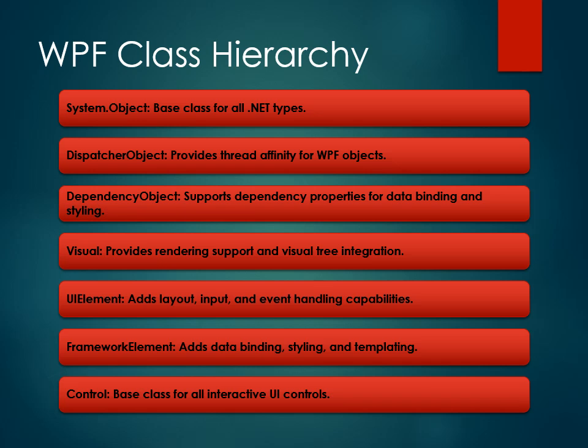The parent is Window, I have a Border, and next a StackPanel. Inside the StackPanel I have two buttons. The button will have a ContentPresenter, TextBlock, background, everything, and many more properties. So the inner elements are also available in the visual tree.